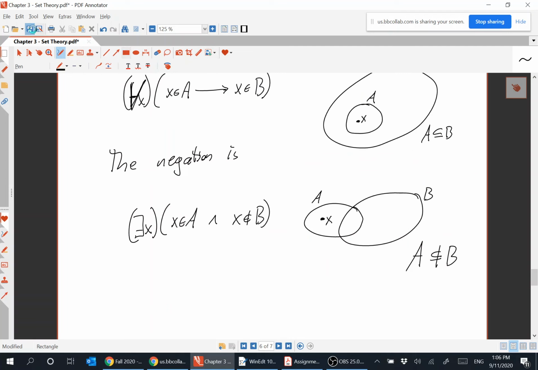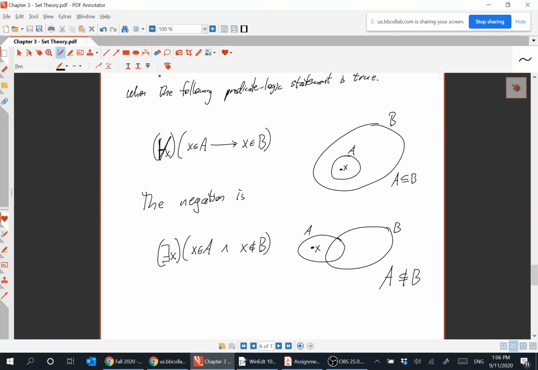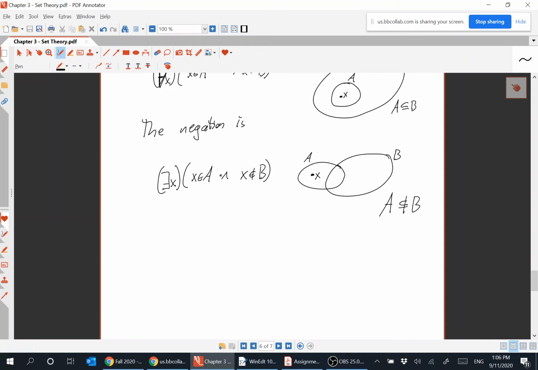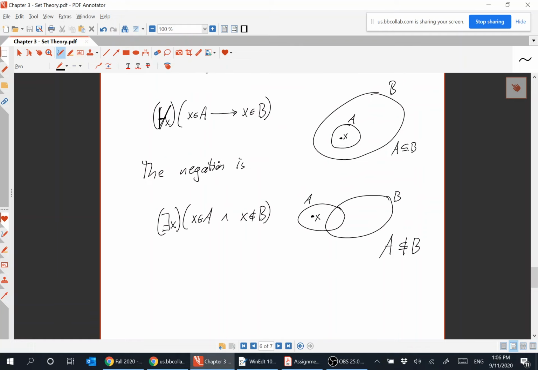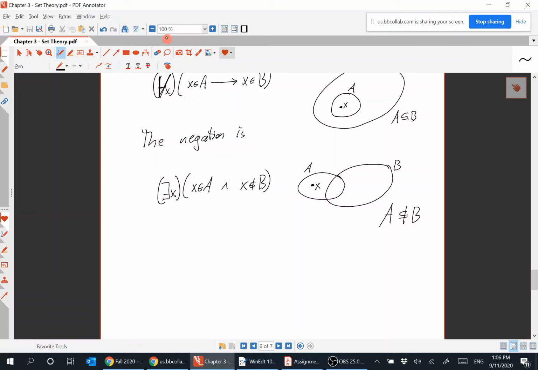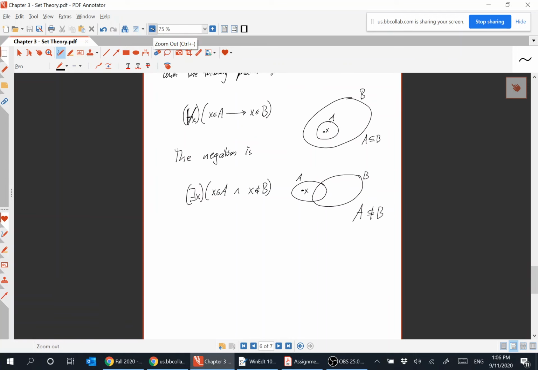All right, so implication properly describes this containment relationship, and a containment relationship, a subset relationship, properly describes the implication connector. So it's all very connected. That's another reason why, when the hypothesis is false, you consider the implication to be true.